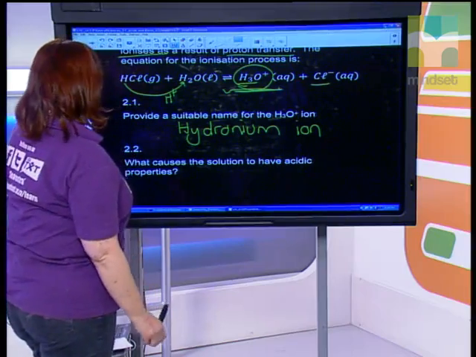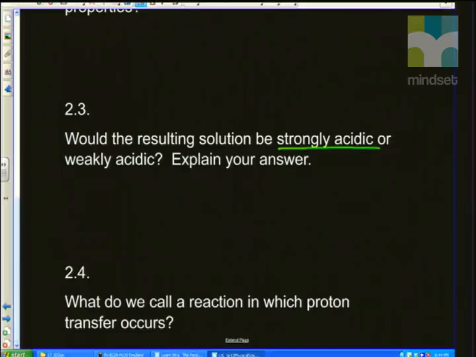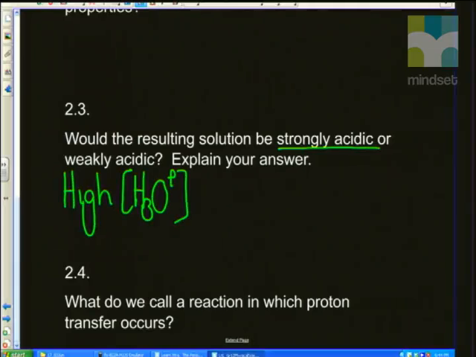So what we'd want in there is, first of all, your answer is that it's strongly acidic. Why? Because there's a high concentration of your H3O plus ions, because HCl ionizes almost completely.